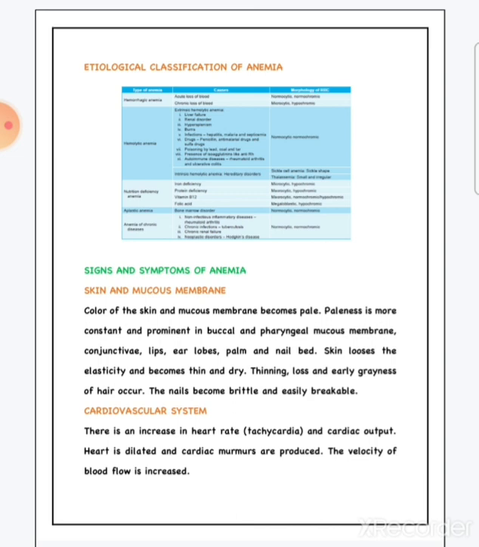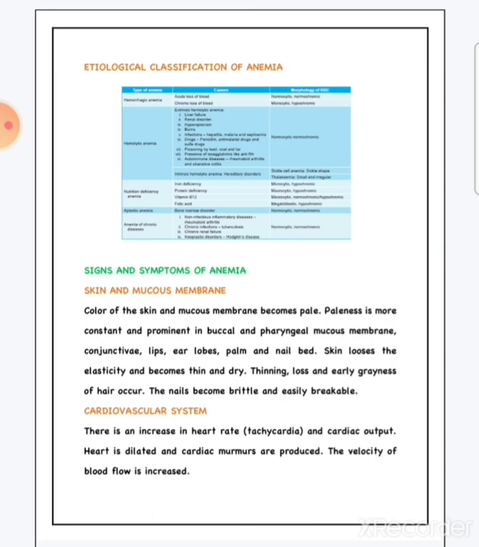Another is presence of isoagglutinins like anti-Rh, and another cause is autoimmune diseases, especially rheumatoid arthritis and ulcerative colitis.